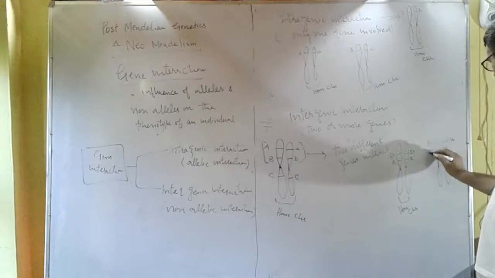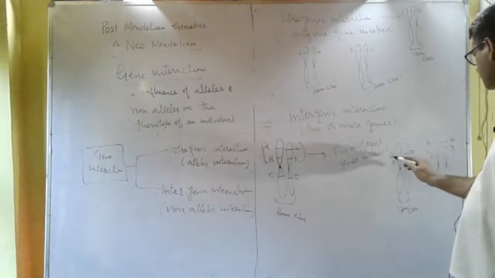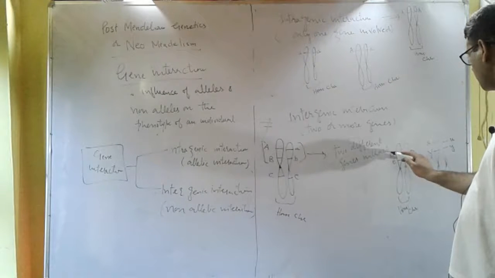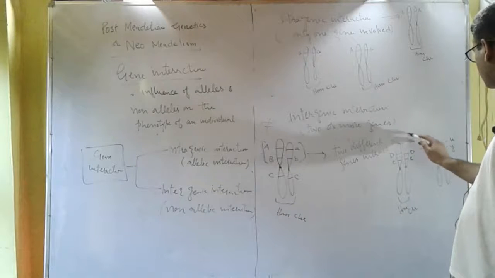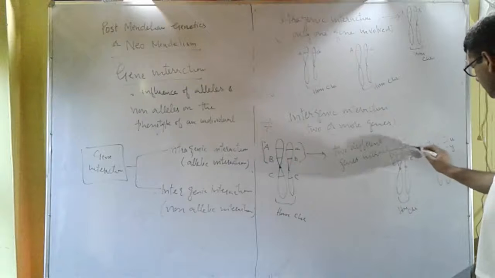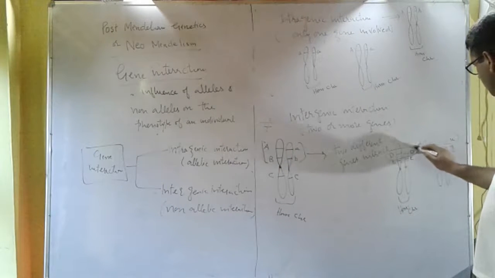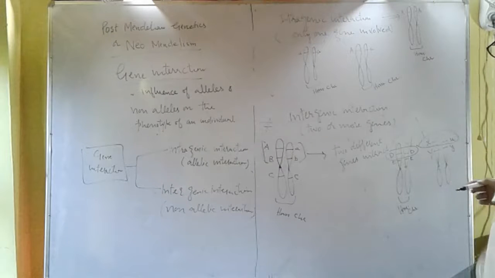X, small x, capital Y, small y. Sometimes these two alleles, this is one gene, and this is another gene, they will interact to produce the phenotype.